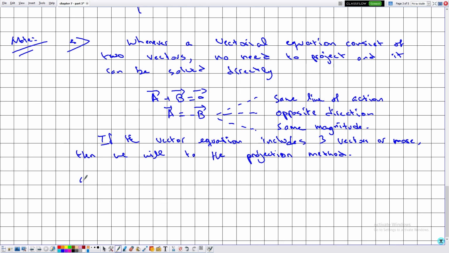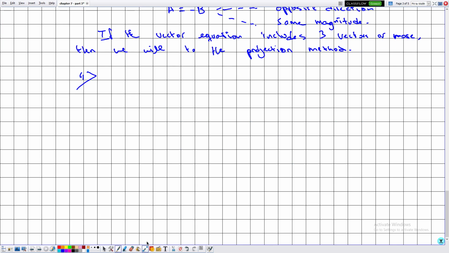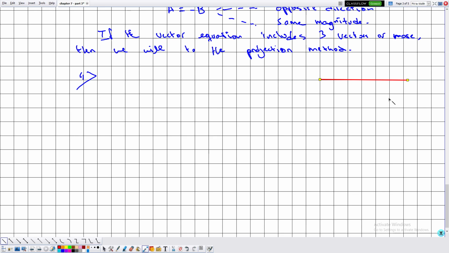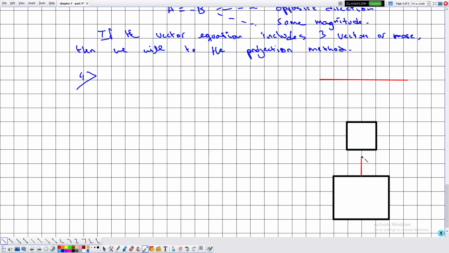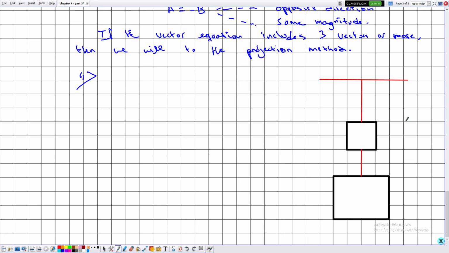Now note number 4. Suppose here we have the following bodies. Here we have a solid A and a solid B connected to each other via an extensible string, and this is a support.